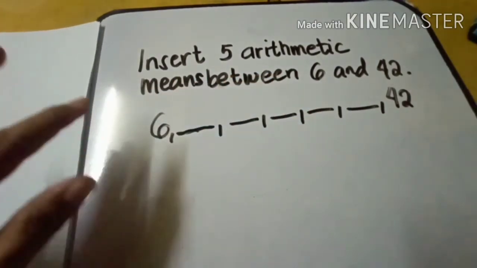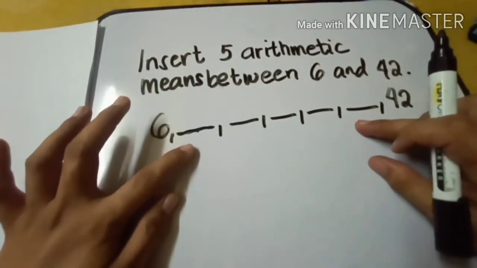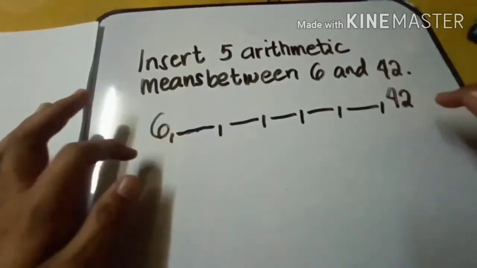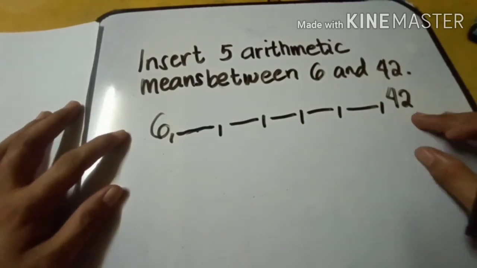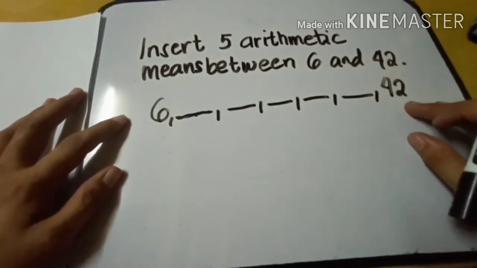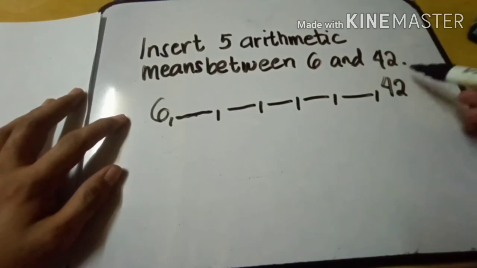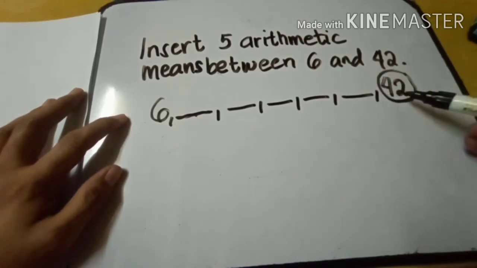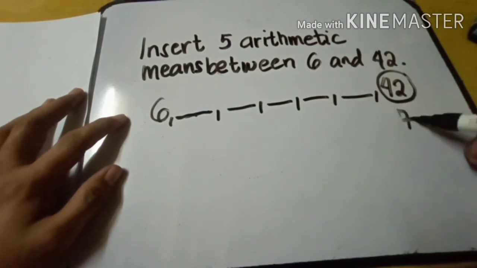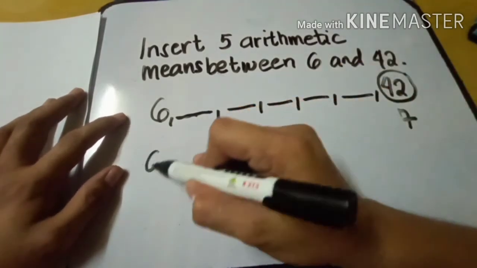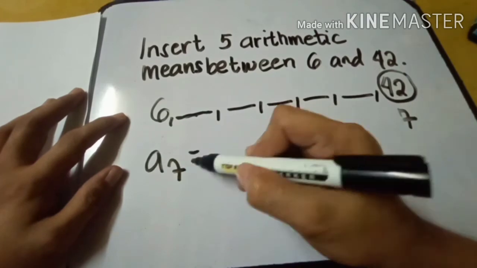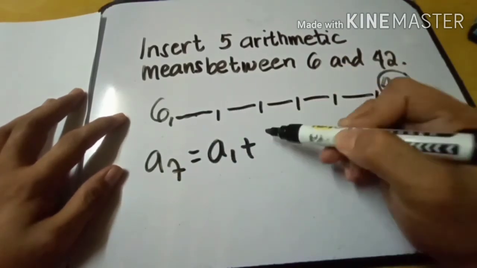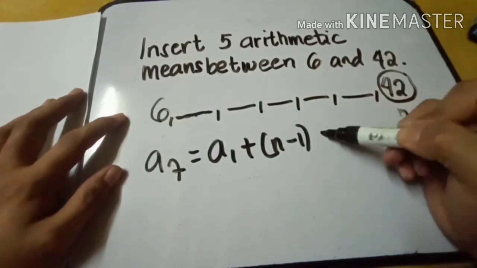So in order to find the arithmetic means, we have to find the common difference. To do that, we simply set up an equation using these given terms. This 42 is the 7th term, so therefore we have a sub 7. We simply use the general formula, which is a sub 1 plus the quantity of n minus 1 times d.